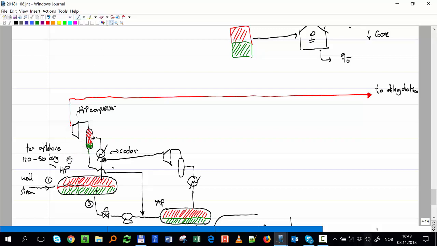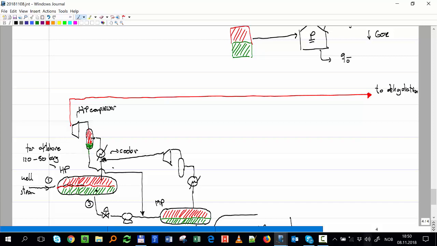It has to reach from high pressure to this line, to the dehydrator, that I told you is like 800. While here, it just has to go from medium pressure to high pressure. So it has to handle a lot of volume, but the delta P is not so much.